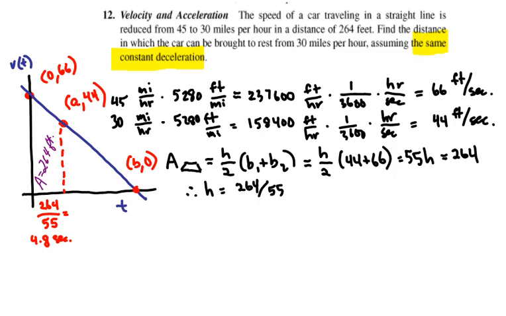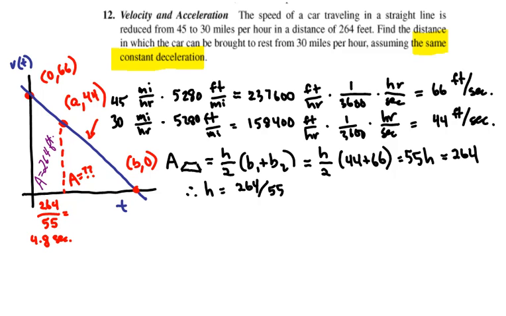Now what we're trying to find here is the area of this triangle, and that will be the number of feet that it takes the vehicle to be brought to rest from 44 feet per second. So we're looking for that area. In order to find that area, we do already know the height of that triangle. We need to find the base of that triangle.